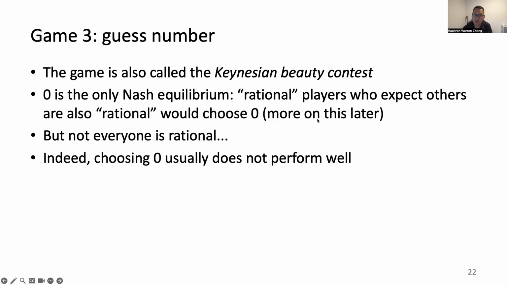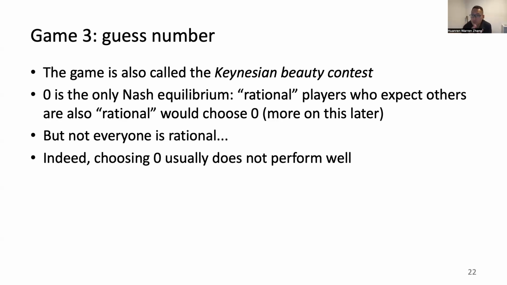So no one seems willing to talk. Let's just assume this situation. When everyone is choosing 0, then the winning number would be 0, right? That's very easily derived. In that case, no one would be willing to deviate from 0, meaning increasing the number to 1 or 2.